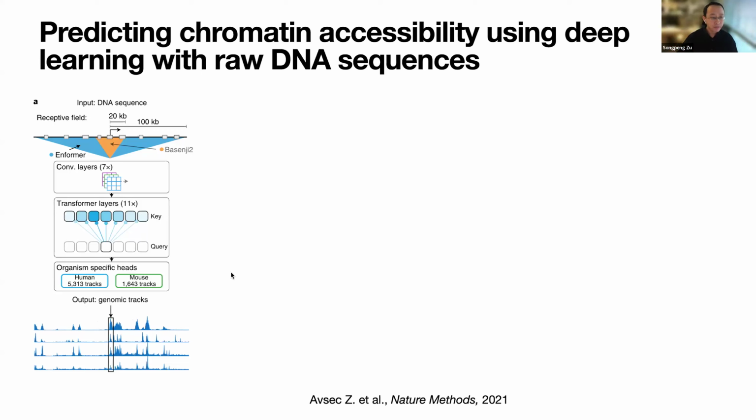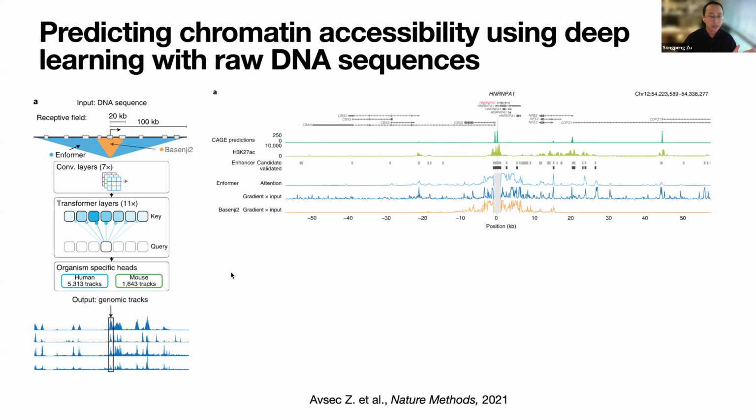With this kind of model, they found that the model can be used to validate the potential enhancer state. For example, shown here, they focus on the particular gene listed here, and the CRISPR experiment validated the corresponding enhancers, mainly colored in black.